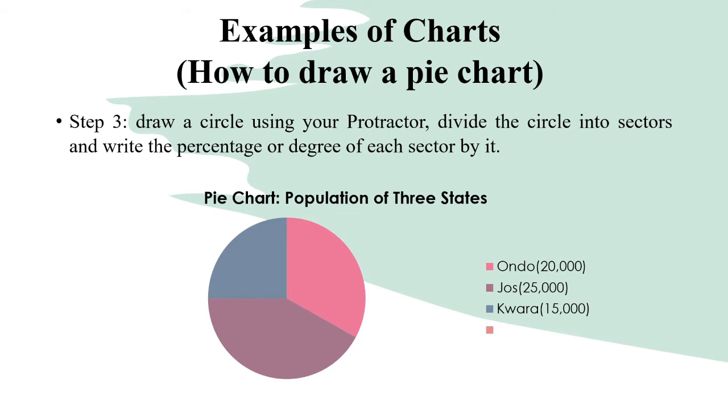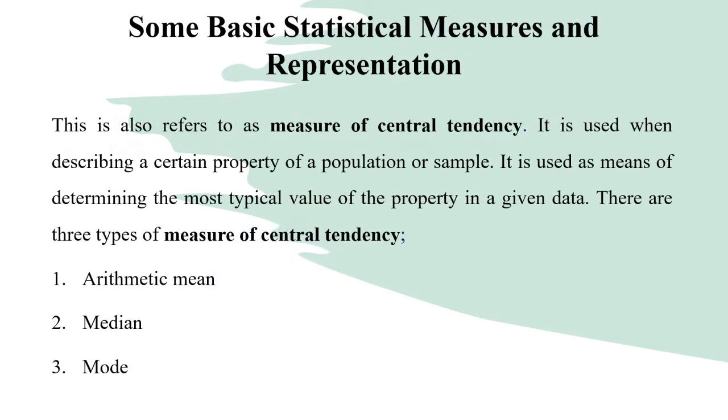Some basic statistical measures and representation, also known as measures of central tendency. This is also another tool of economic analysis, which includes the arithmetic mean, the median, the mode.